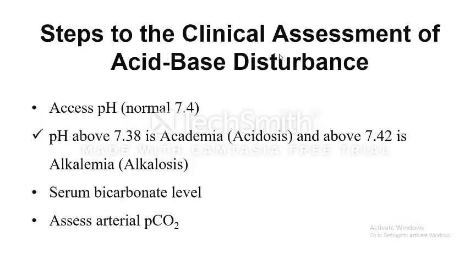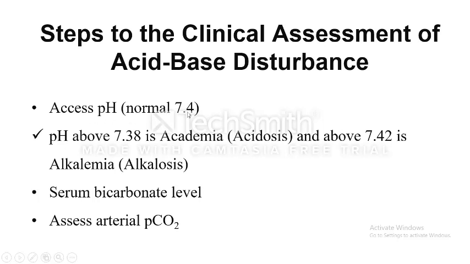Then it is important: if acid-base balance is disturbed, how can we clinically assess it? There are different steps in the clinical assessment of acid-base disturbance. First of all, we assess pH. If it is a normal 7.4, the person does not have an acid-base disturbance or imbalance.